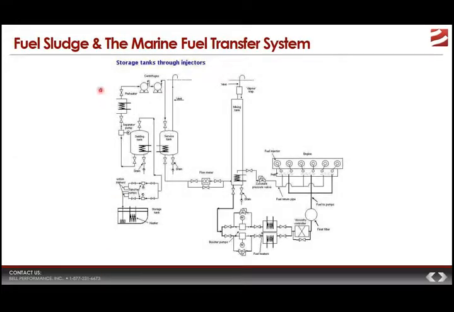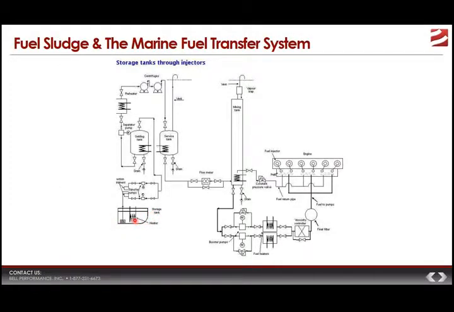This is a basic schematic of a fuel transfer system in a marine fuel oil system. When you look at the issue of fuel sludge or asphaltene sludge, there are multiple areas of the fuel distribution and transfer system where fuel sludge can cause problems. So you start here with the storage tank.